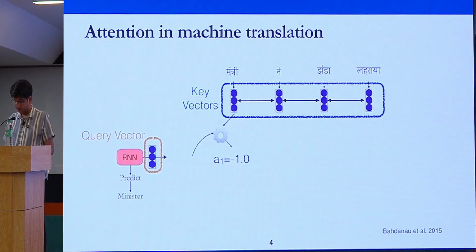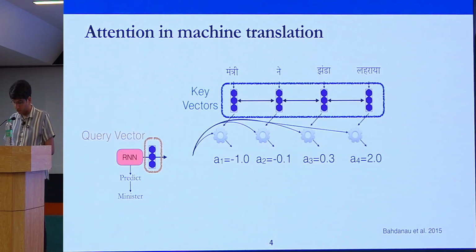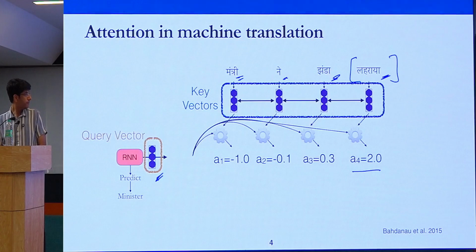Let's say you get some scores by matching this with this, and so on. So you get 4 scores based on the quality of match between this token and all of these tokens. You want to predict what comes after minister, and you realize that this query matches very strongly with this word leheraya, but these are unnormalized values.